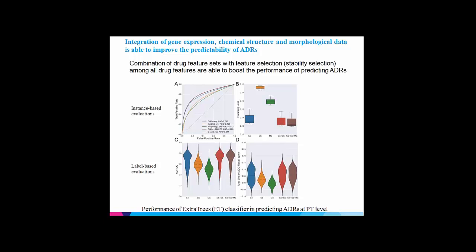Okay. So the way I'm combining gene expression and chemical structure is by feature selection, and the feature selection method that I used is called stability selection, which is a multivariate approach based on logistic regression, and all of those results were based on cross-validation, where I split the training and testing sets.